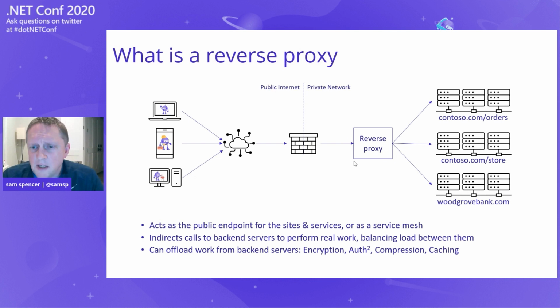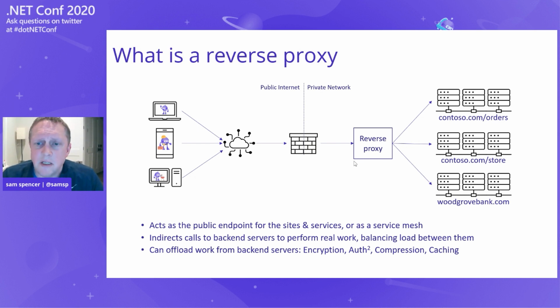So the advantage of putting a reverse proxy in there is it knows about the HTTP protocol, it knows about URLs, it knows about headers, it knows about all of those pieces, and so can map the URL space that you're publicly exposing onto a different layout as far as your actual data center architecture. For example, I have here orders and store go to two different sets of servers, and it can then load balance the requests across multiple servers.